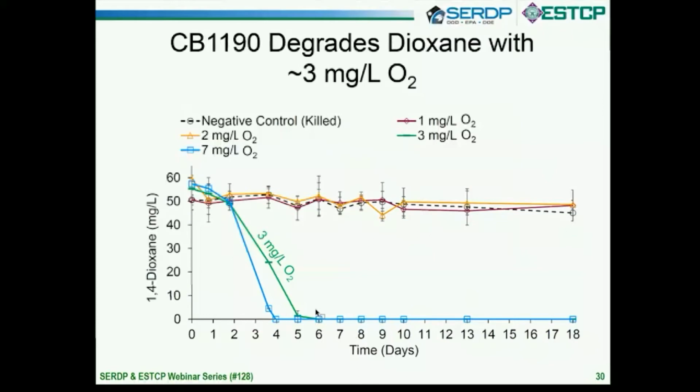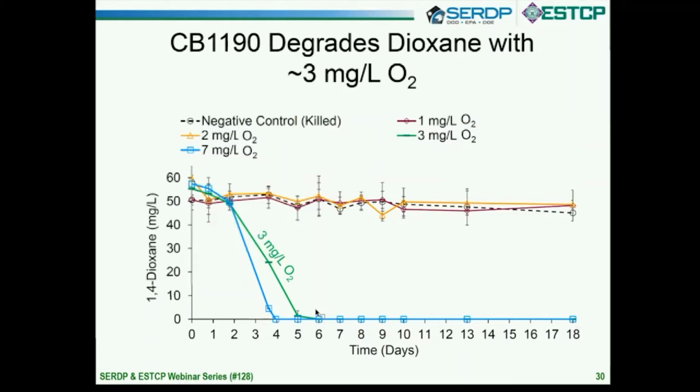So that was the story with electron donor, dioxane. Let's talk about electron acceptor. CB1190 is an aerobic, more accurately microaerophilic organism. It can degrade dioxane with as little as about 3 milligram per liter oxygen. And that is following prolonged anaerobic periods, even in the presence of low concentrations of dioxane.